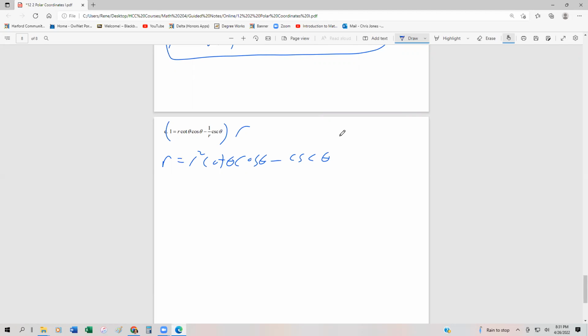Another thing I'm going to do is change all of those cotangents and cosecants into sines and cosines to reduce things. So if we do that, we get r equals r squared, and we know that cotangent is cosine theta over sine theta, multiplied by the cosine of theta as well.